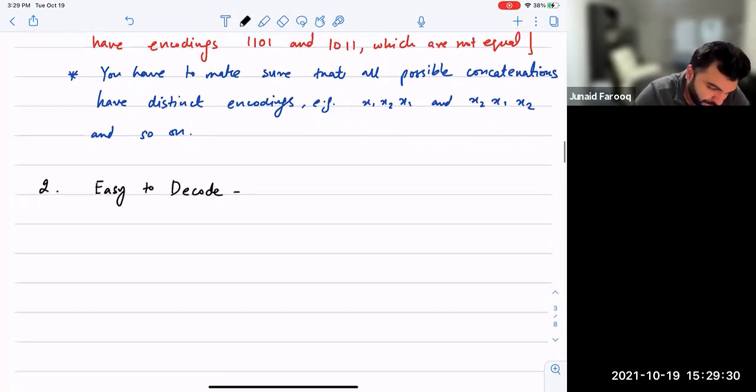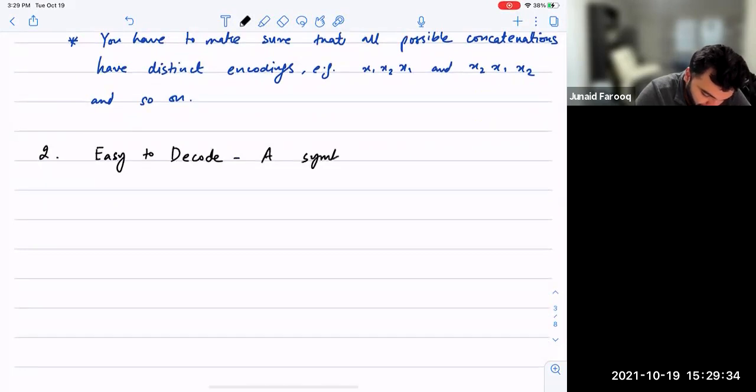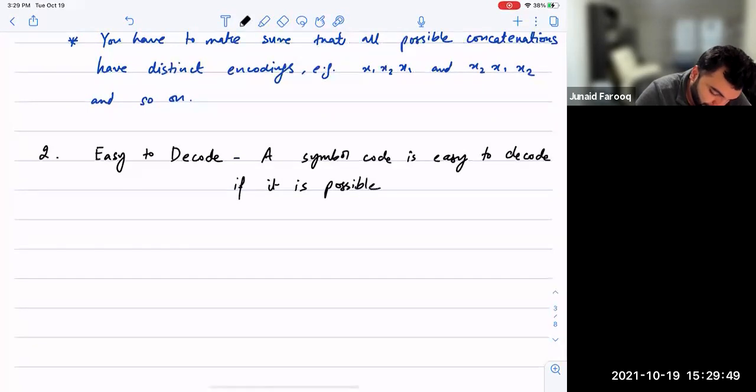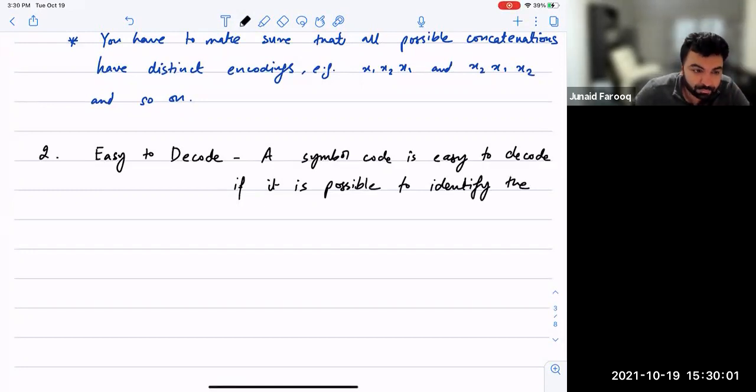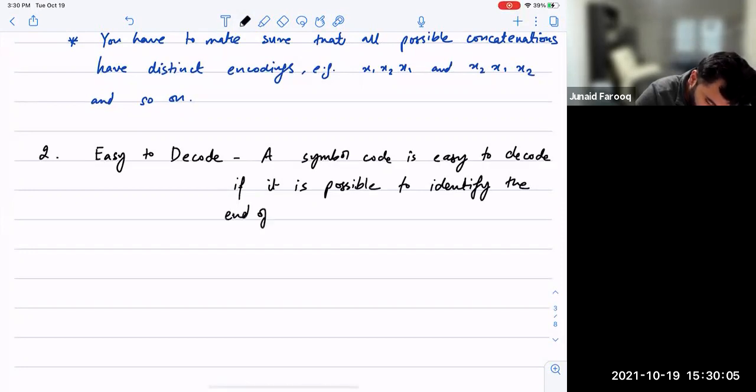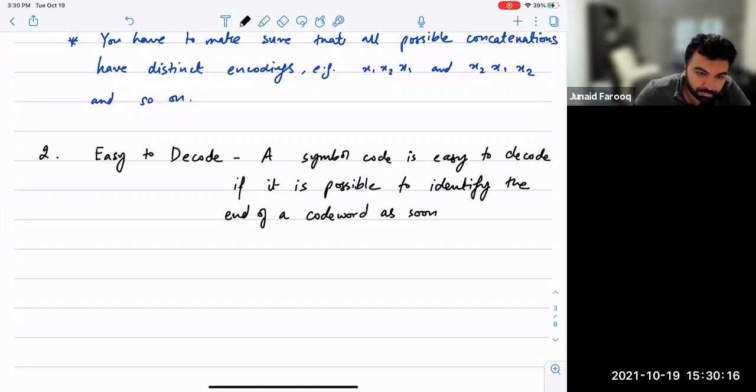So what does easy to decode mean? It means that a symbol code is easy to decode if it is possible to identify the end of a code word as soon as it arrives.